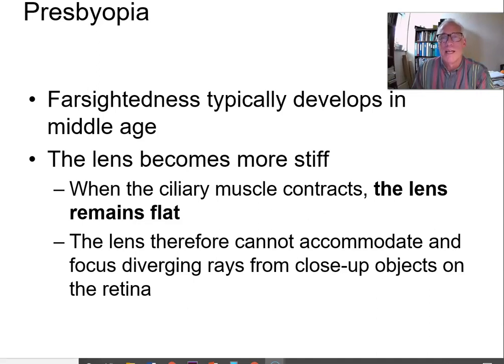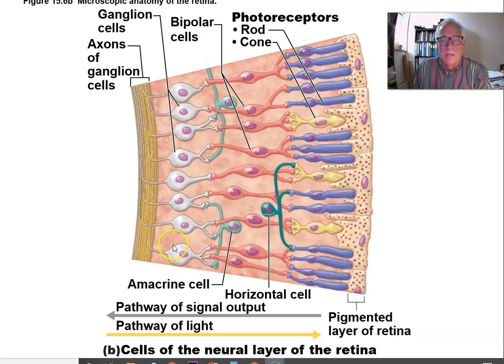Well, the lens starts getting stiffer and stiffer, and so when you contract the ciliary muscle, it does not round up. And so you can't accommodate and see close up very well. So you become farsighted. You can see far away okay, but you can no longer see up close. You find yourself holding your book way out in front of you, or you find yourself getting some reading glasses in order to help correct for that.